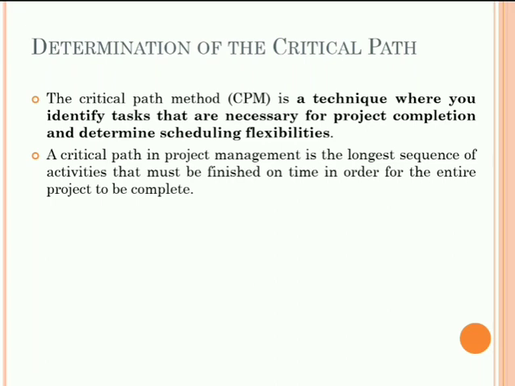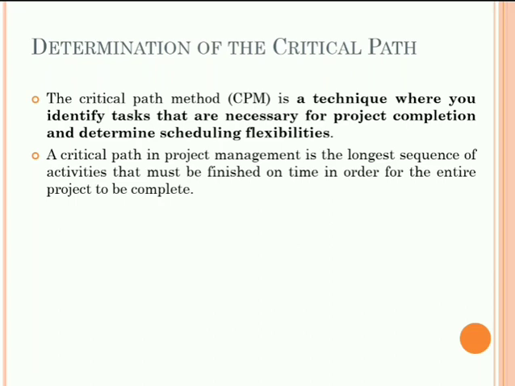Compressing the schedules. Though it is not ideal, there are times when project deadlines may be pushed up. In those situations, there are two schedule compression techniques that can be used: fast tracking and crashing. Fast tracking is looking at the critical path to determine the activities that can be performed simultaneously, that is, running parallel processes that will speed up the overall duration.